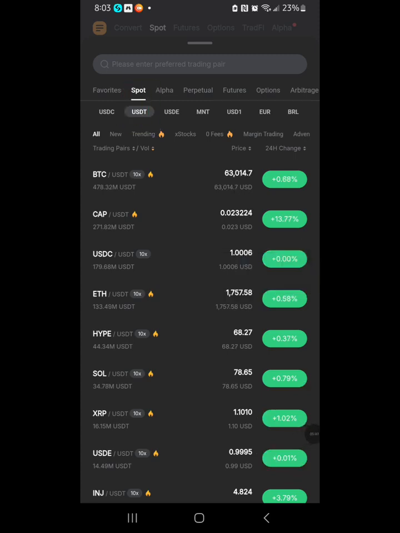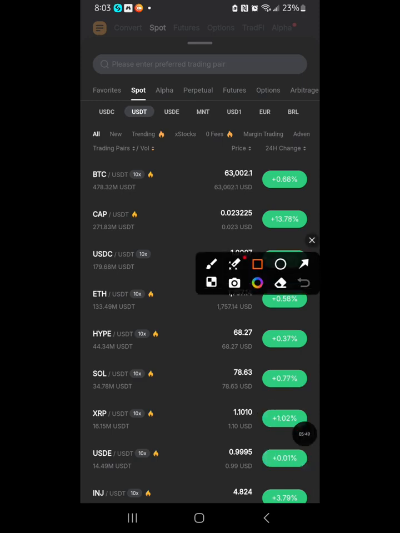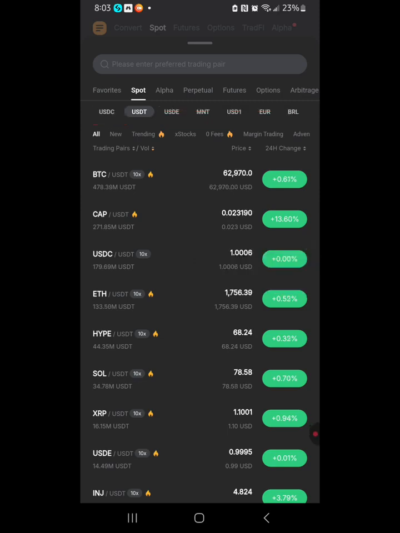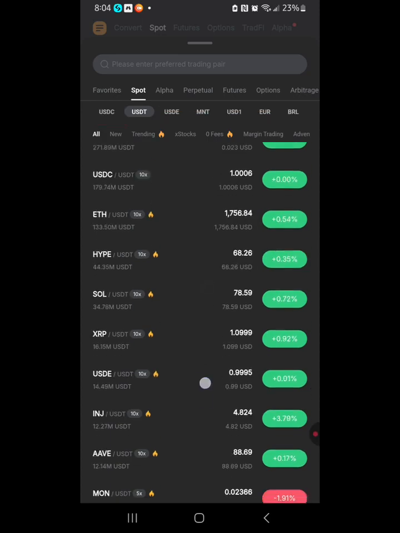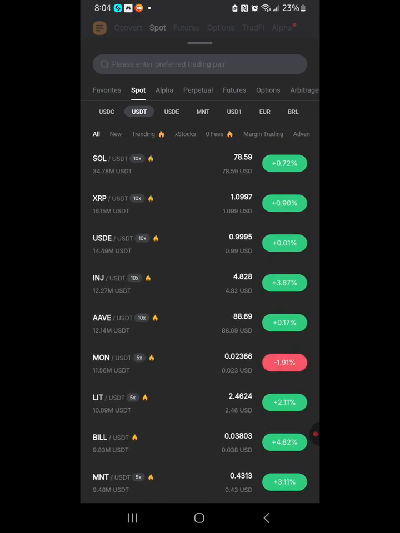Although you can still look for other currencies via the USDC or other alternatives, in this case we'll be using USDT as it tends to be more liquid than the rest of them. So on this section you will need to pick pretty much any cryptocurrency at all.